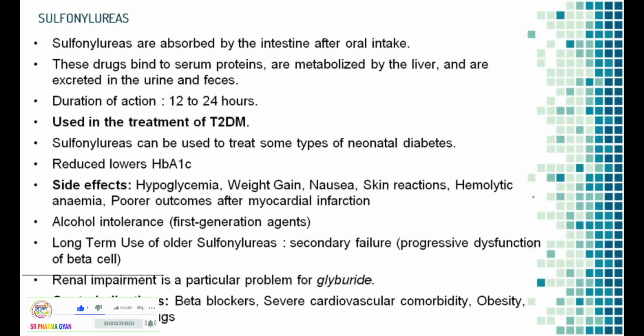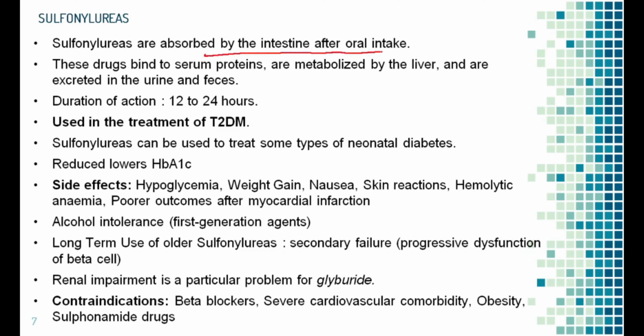Now coming to the pharmacokinetics: sulfonylureas are absorbed by the intestine after oral intake, because they are orally given drugs, oral hypoglycemic agents. These drugs bind to serum protein and are metabolized by the liver.